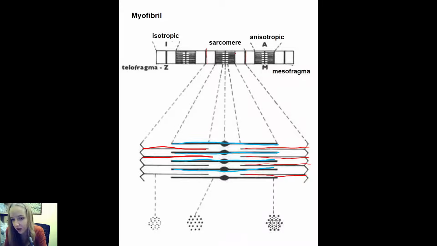You can't even see them here because they're too thin, but we can see them like this, crossing the whole I band over here. So this is the normal location of thin filaments right here.